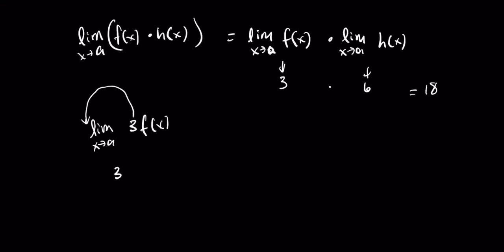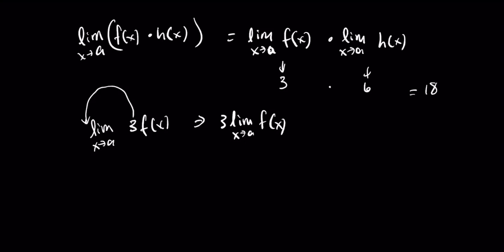So you can say that this is equal to the 3 times limit as x approaches a of f of x. So you can also state it that way, and it should work the same. So that constant doesn't actually play a role as long as you multiply it back in at the end.